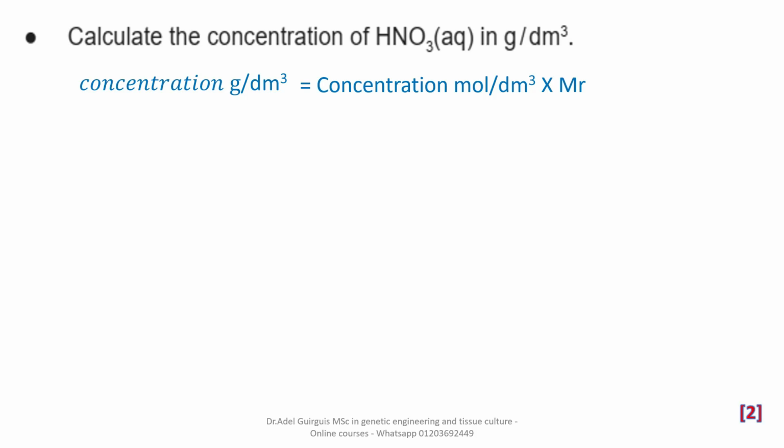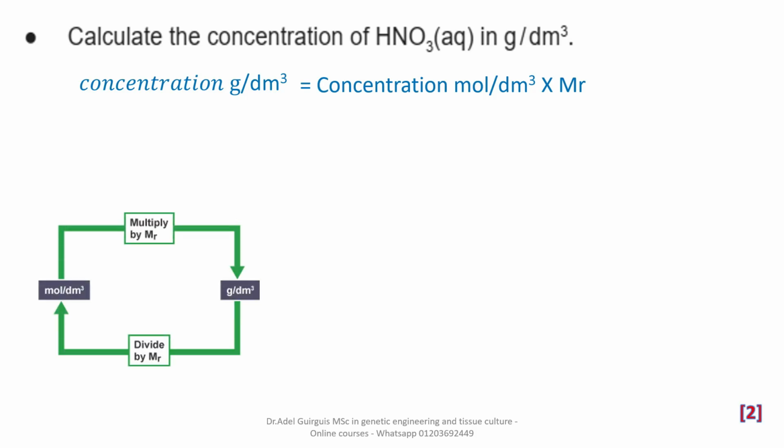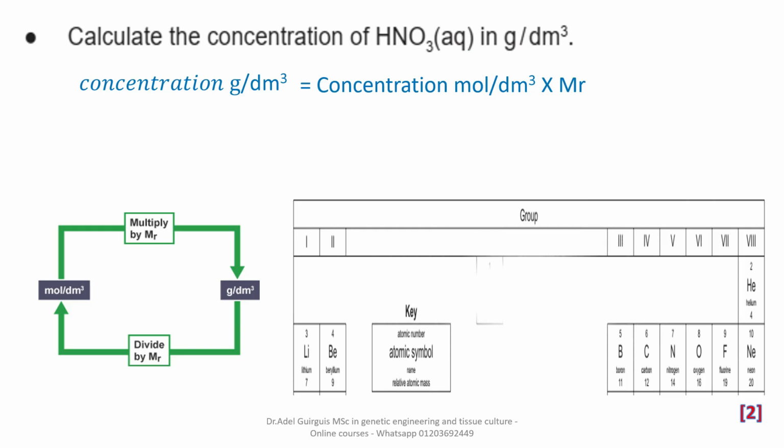The relative molecular mass of HNO3. So to convert any substance given in mole per cubic decimeter, we have to multiply by MR to produce the concentration in gram per cubic decimeter. What about MR? It is obtained from the periodic table given in your exam.